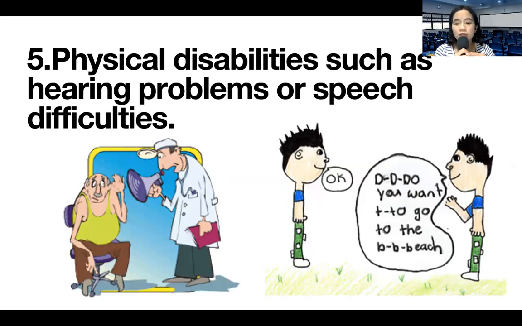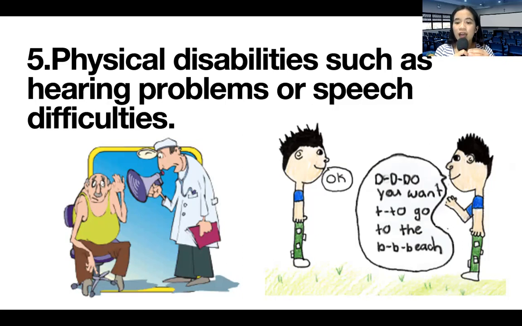We also have speech difficulties. So these are words, okay, that you say when you communicate that you stutter, okay, when you mumble those words, right? Maybe you have no confidence, you are shy, right? Or you are just learning the language, okay?